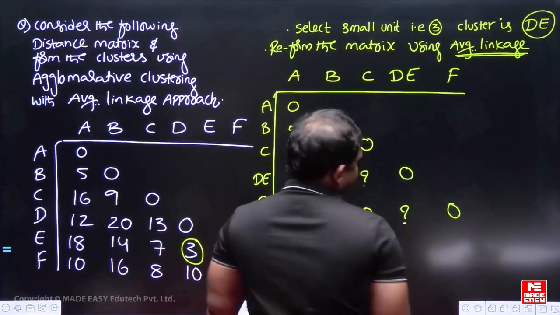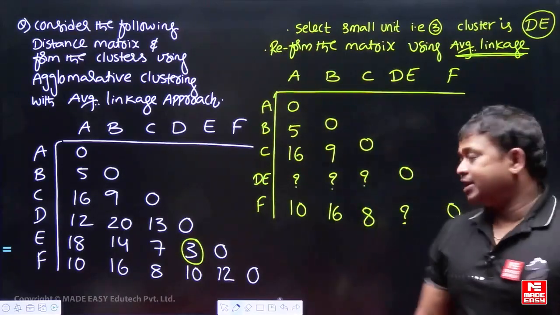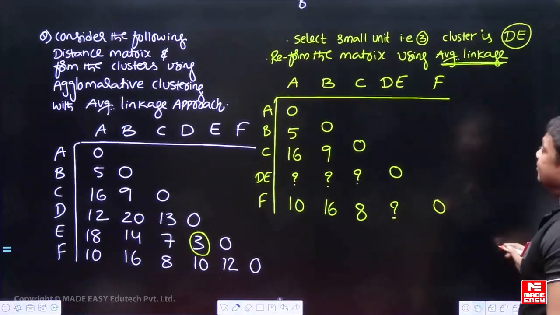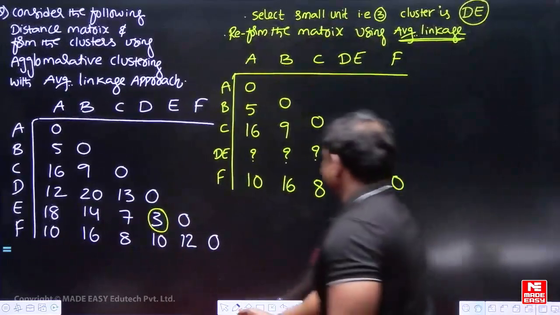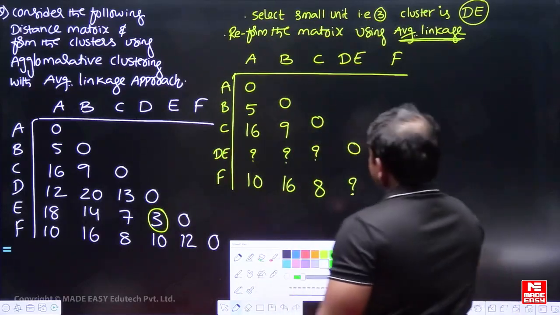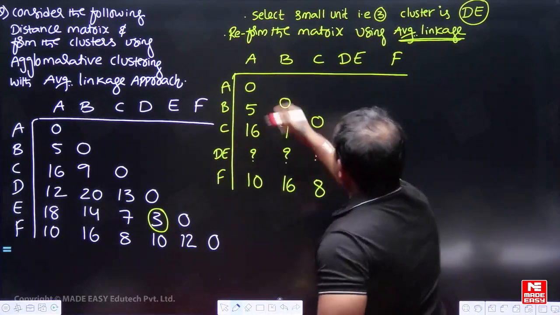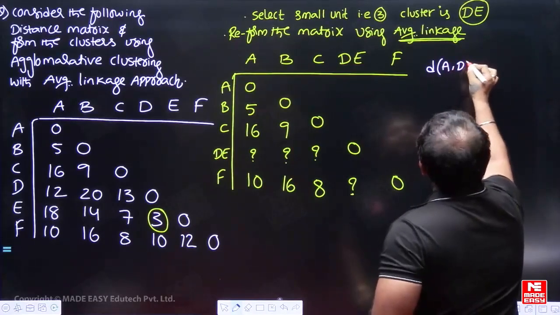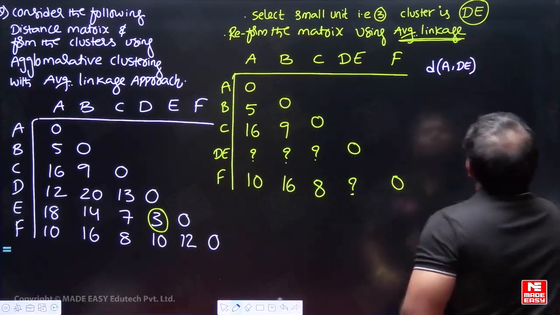Okay, so what is the value here? Average linkage. So how to find the average distance? Now see this. First of all, what you need to take? Distance between A and DE, A comma DE.